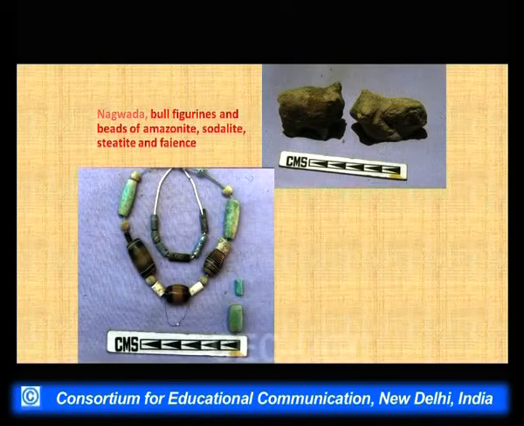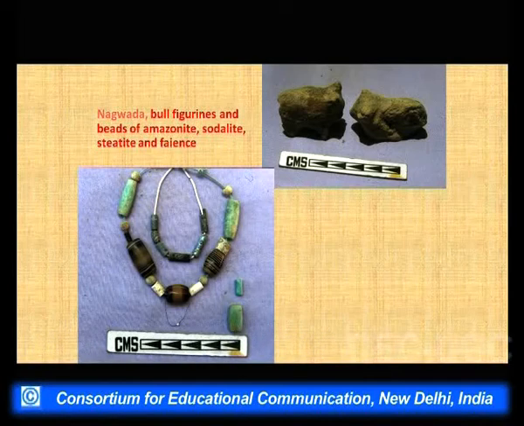very, very small. And we have also found from Mohenjo-Daro and other places workshops in which these beads were made, and bead making equipment, needles that were used to make holes in the beads so that they could be threaded through.